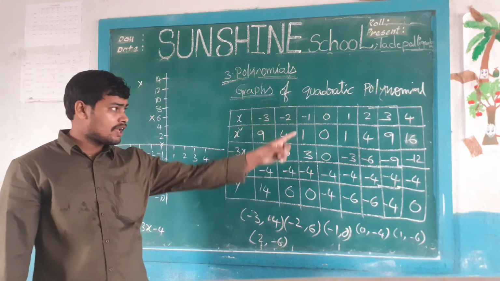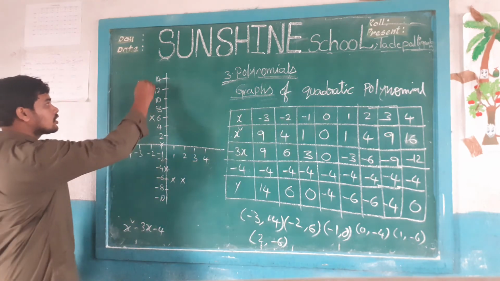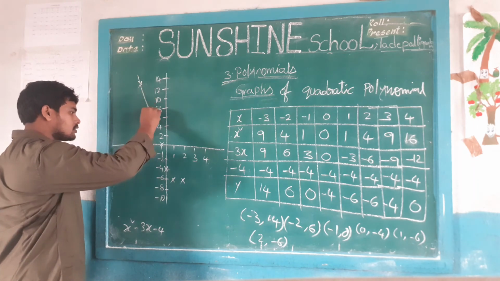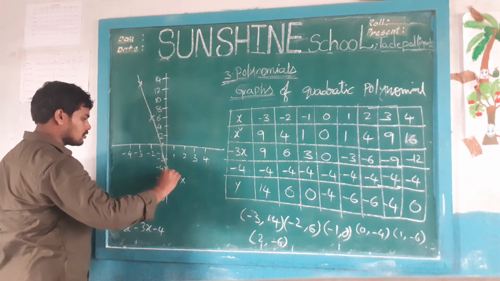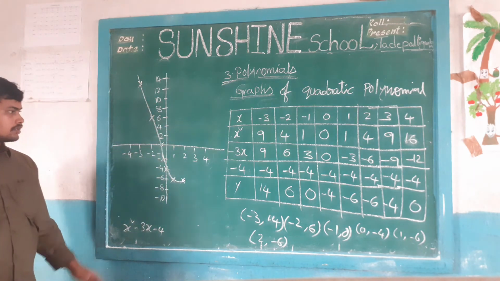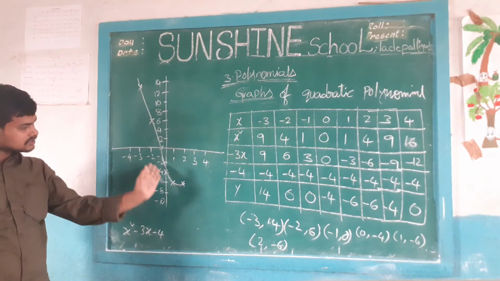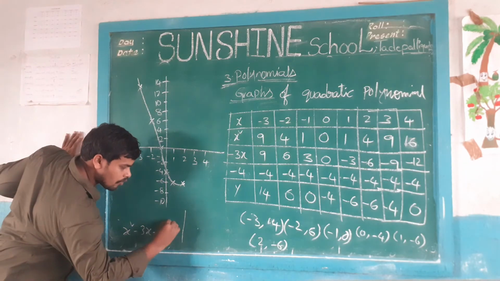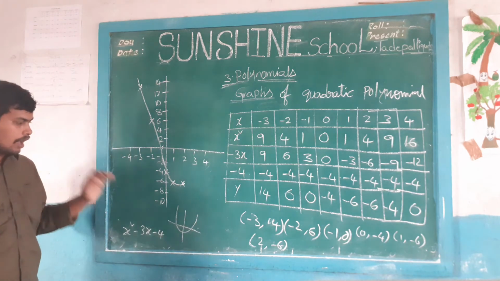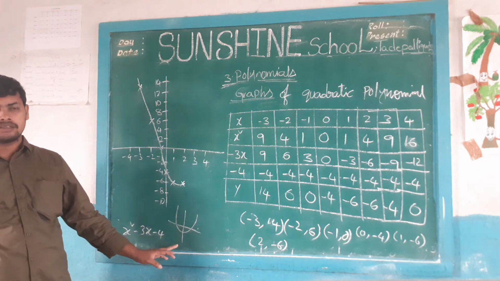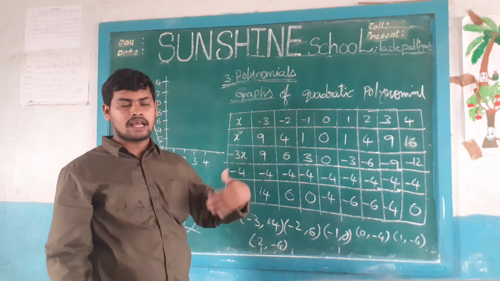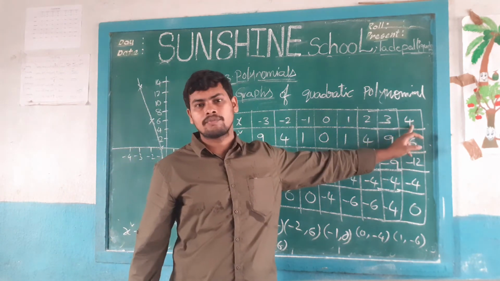Now draw. So the graph is like this. But our graph is in the form of like this. That's why we have to extend another 2 points here, 3 and 4.